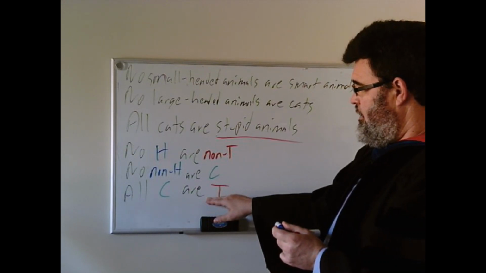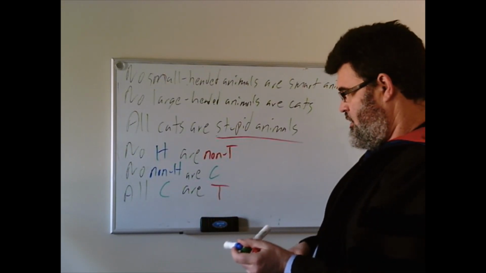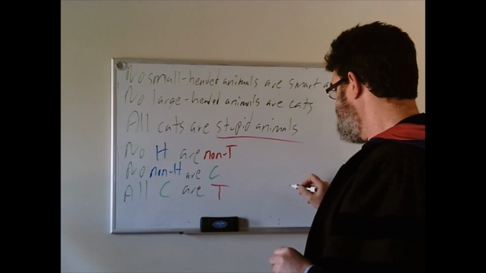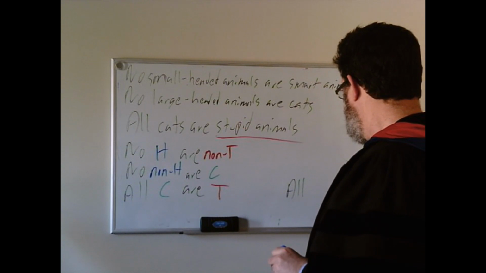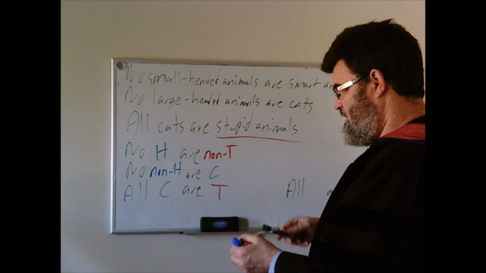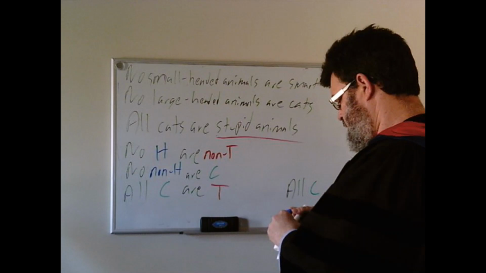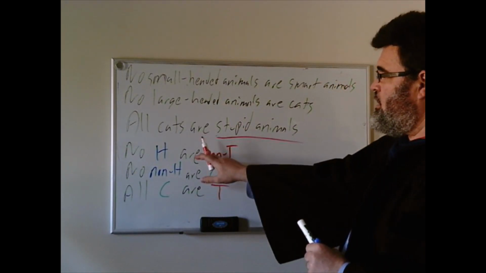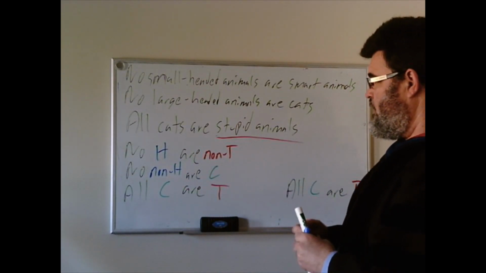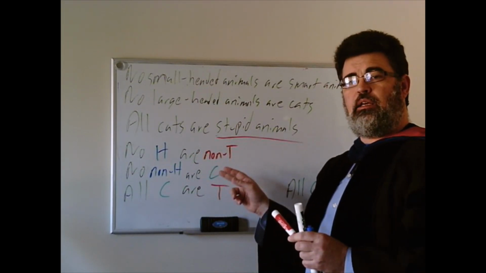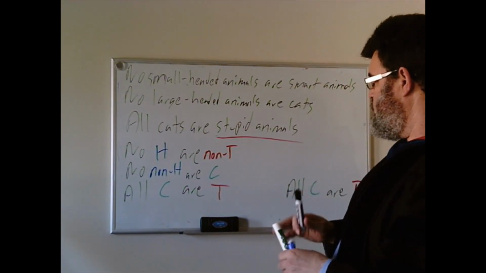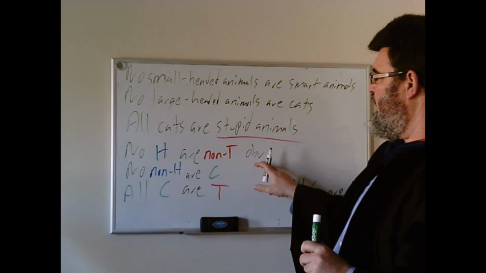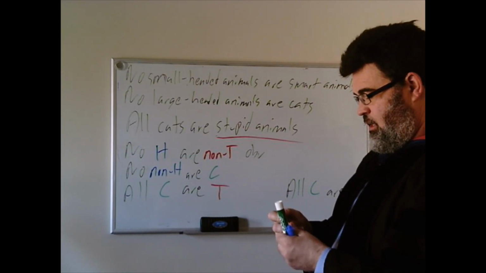Now I see that in my conclusion, everything is laid out nicely for me, so I'm not going to do anything there. I'm just going to leave it the same: all C are T. Looking at my major premise, I notice I have a complement in the predicate, so I can use the operation called obversion to get rid of that term complement.